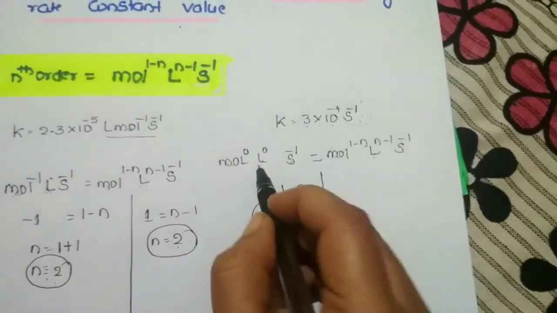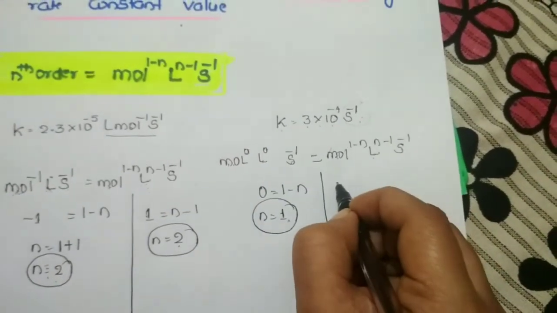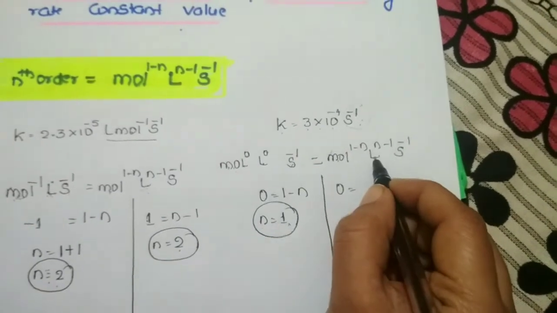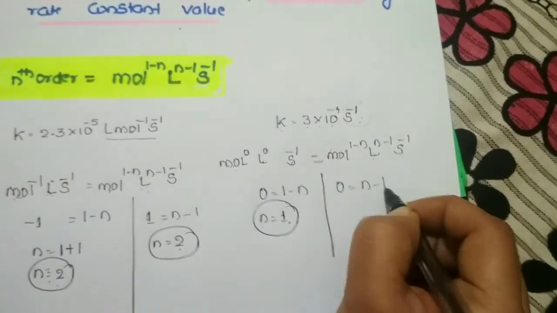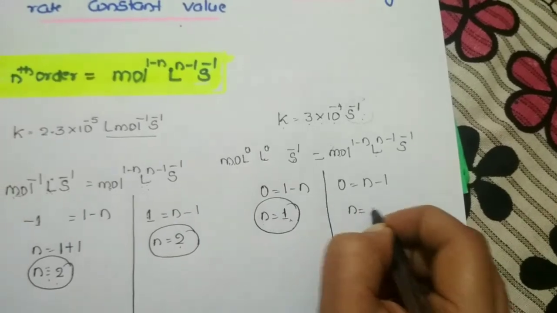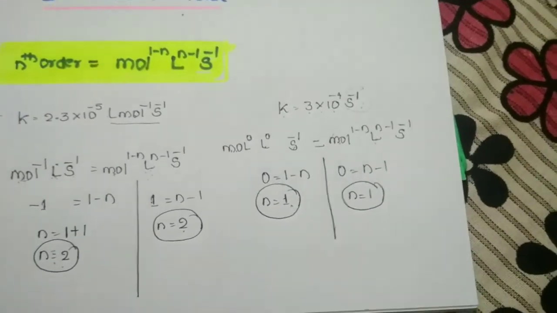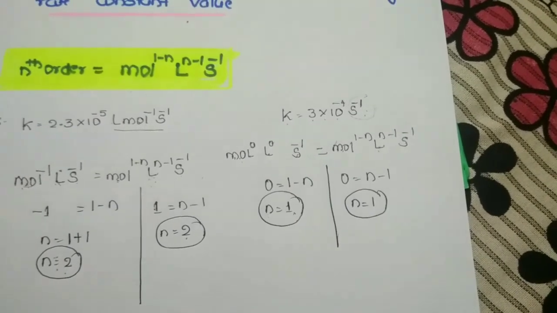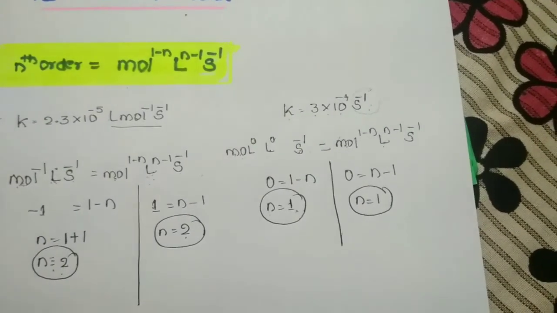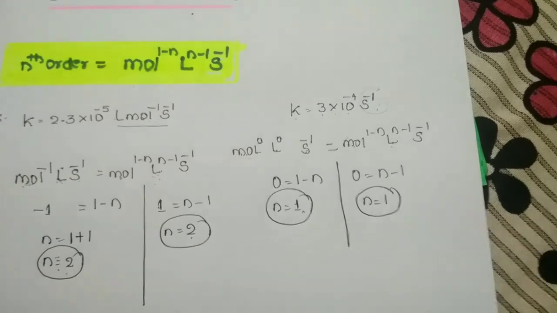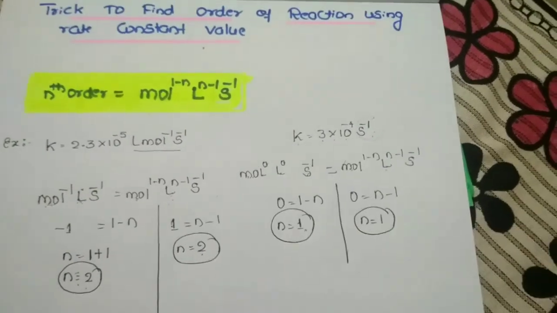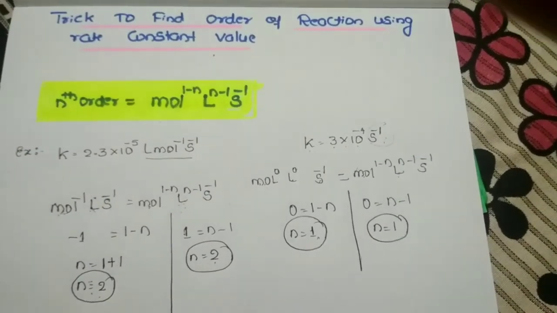Similarly, taking liter, 0 equals n minus 1, and again you get n equal to 1. This is how you can find out the order of a reaction when the unit is given, when the rate constant value is given. This is a simple way through which you can calculate the order of a reaction.